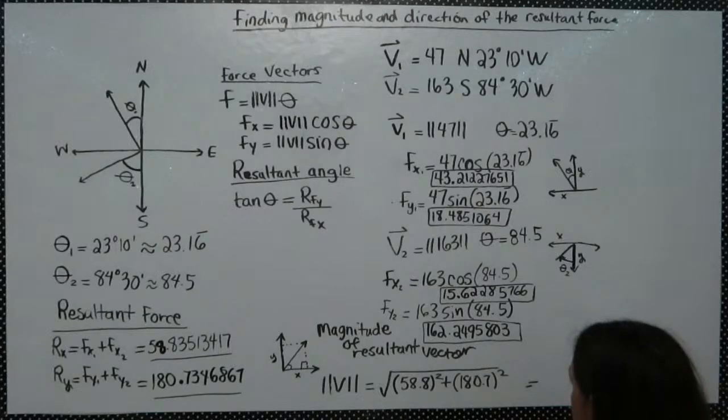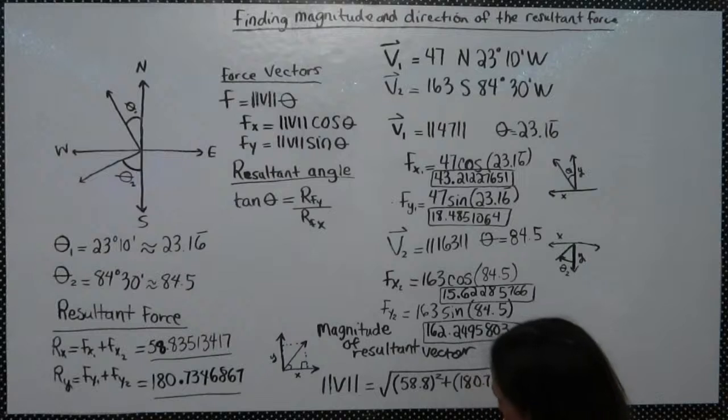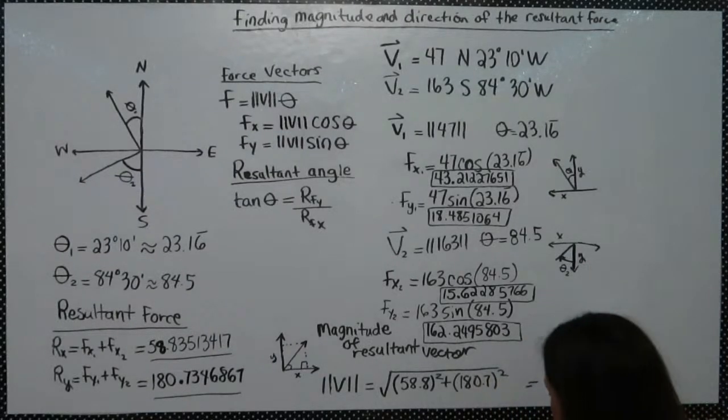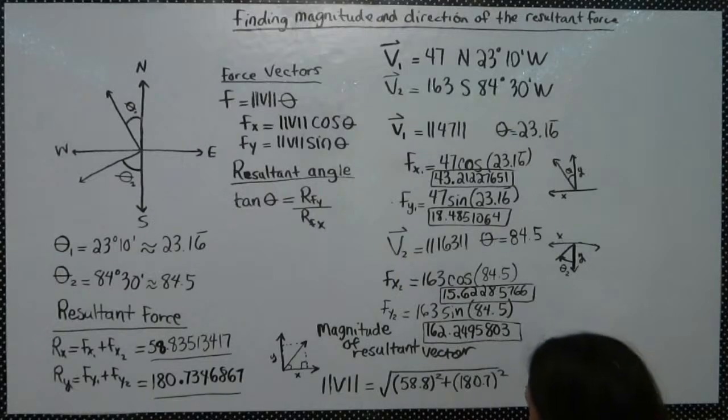And I'll do it real quick and see. 58.8 squared. One more parentheses in there. 58.8 squared plus 180.7 squared is again 190.